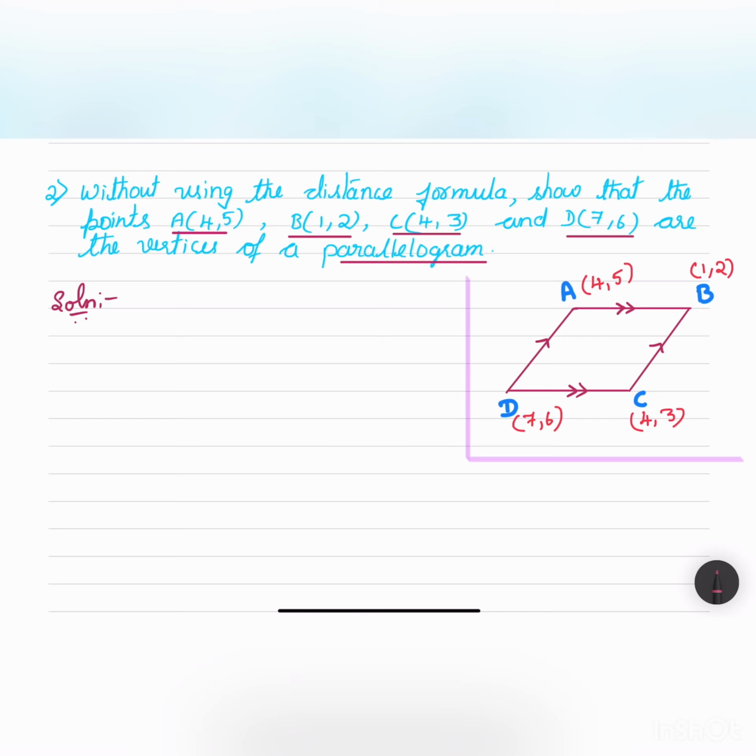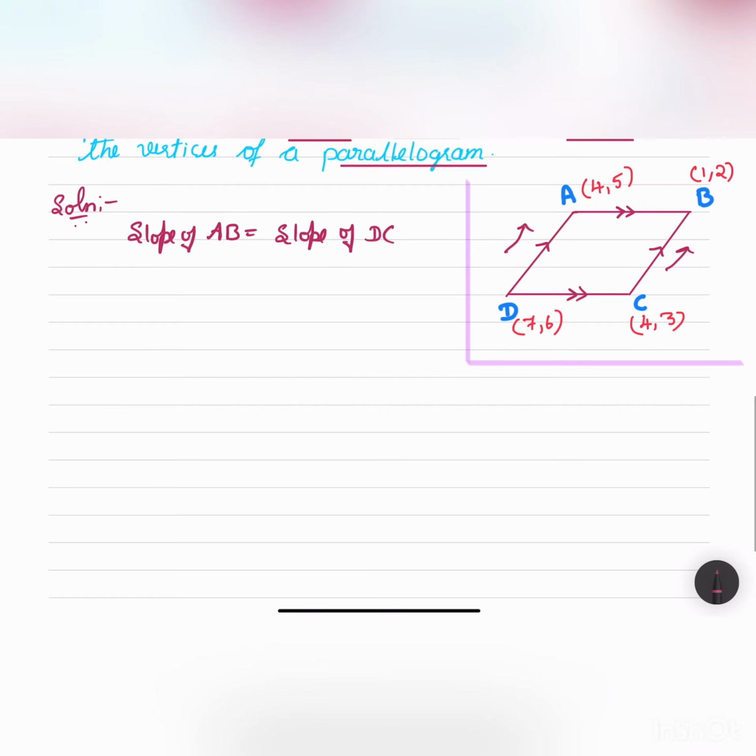When they are parallel, then we know that slope of AB is equal to slope of DC, right? And similarly, slope of AD is equal to slope of BC. If they are equal, then they are the vertices of the parallelogram.